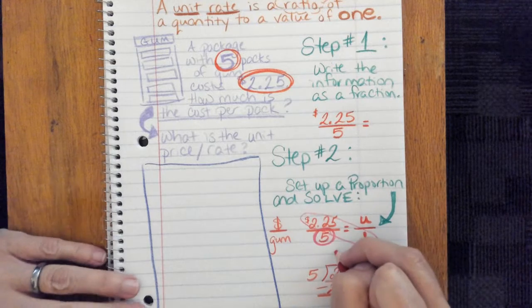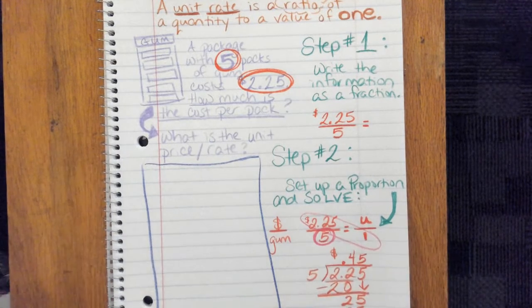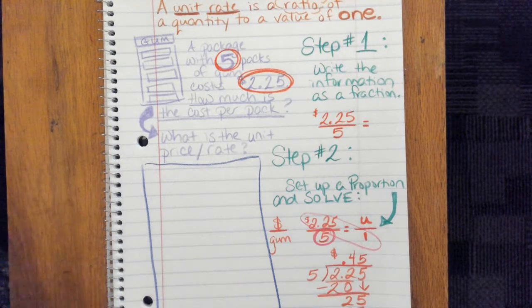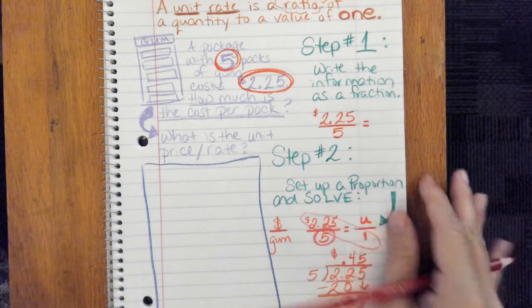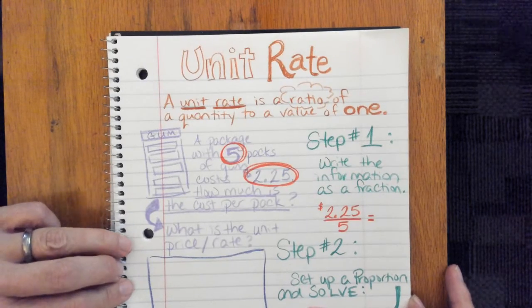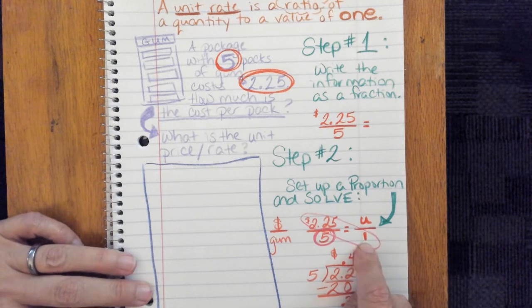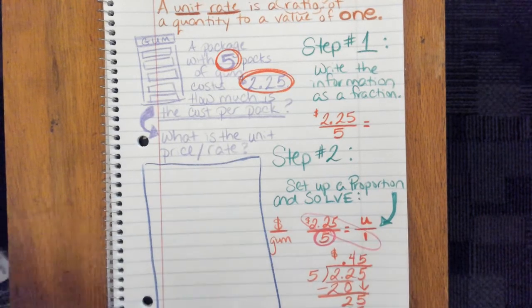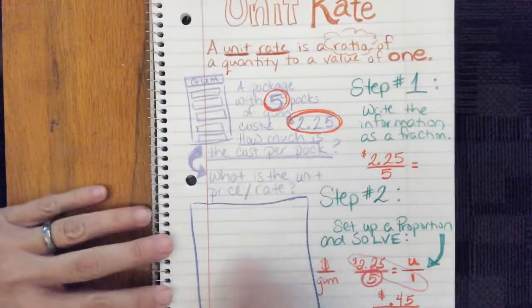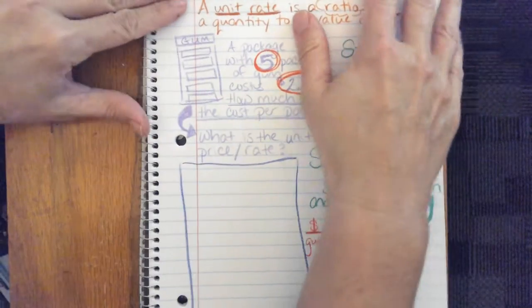So the unit price is 45 cents. So to find a unit rate, you just write your information as a fraction and then set up the proportion to 1.